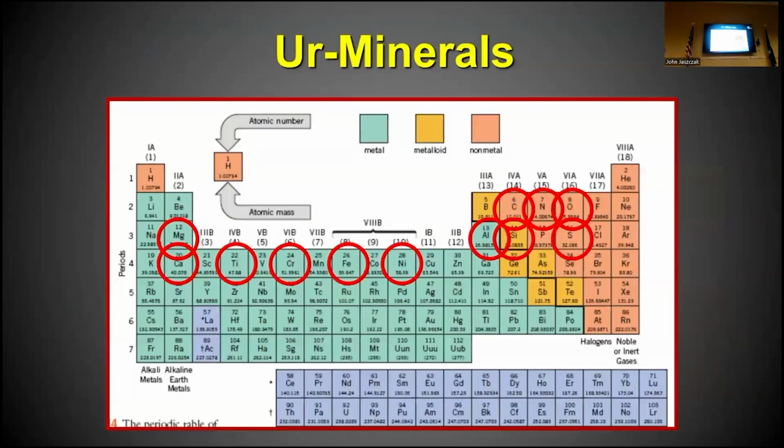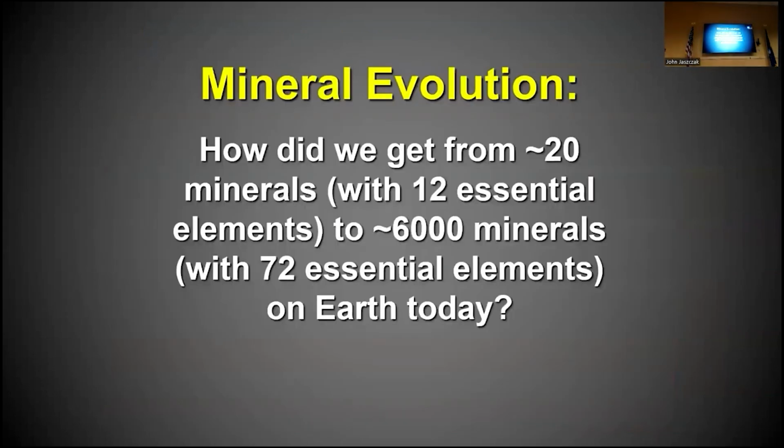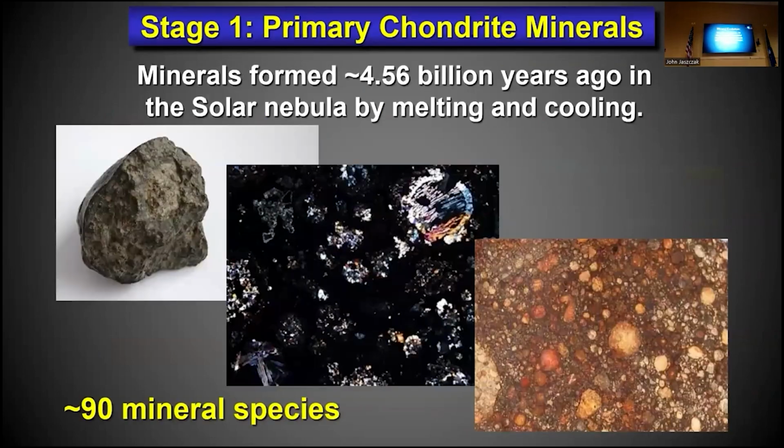So we see about 20 different minerals. We see about 12 different essential elements. When you combine those, you have the question of mineral evolution. How do you go from these stardust minerals, 20 minerals with 12 different elements? So what we see today, over 6,000 minerals with 72 different essential elements. That's the story of mineral evolution.